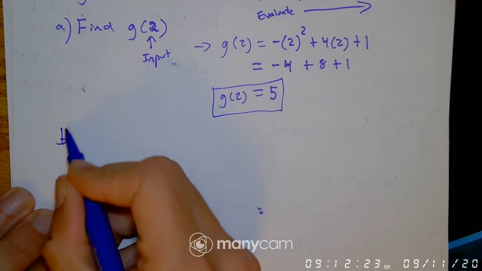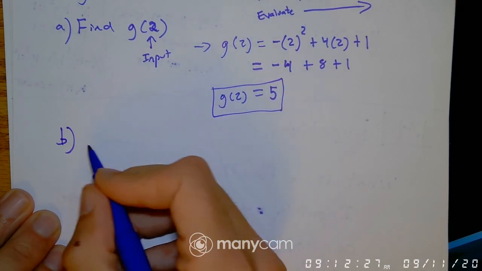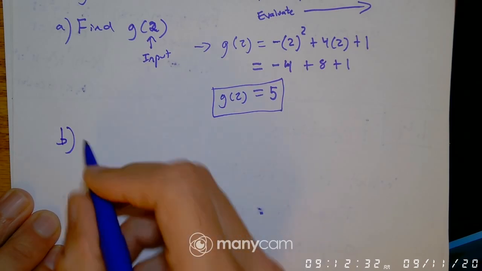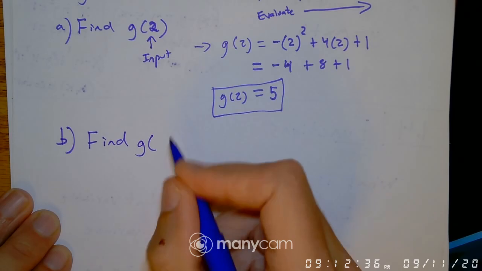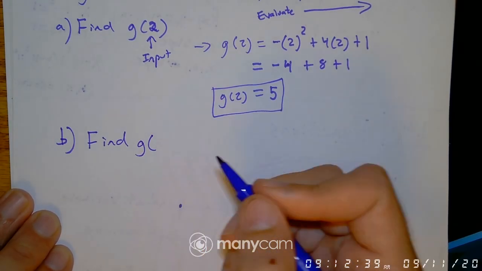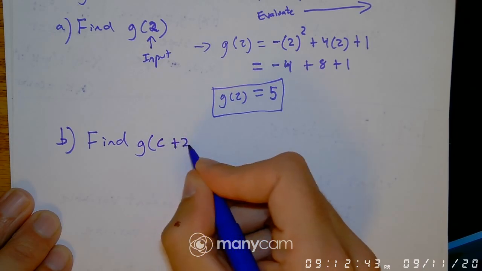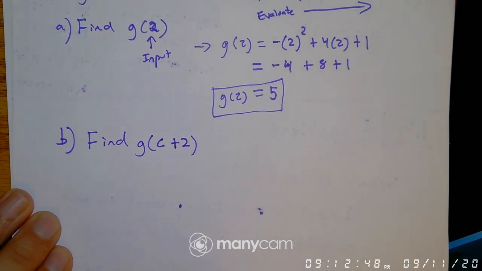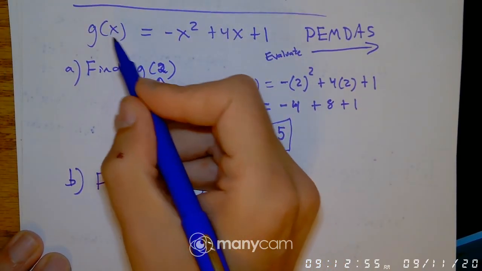What might be new news for you is instead of putting a number in, right? No one ever said you can't put anything else, right? Like maybe I want to put a badger. Or maybe less cool, I just put an expression. So maybe I put c plus 2. Okay, now you might think, huh, that looks really confusing, but it's not confusing. You're still doing the same thing. It used to be g of x.